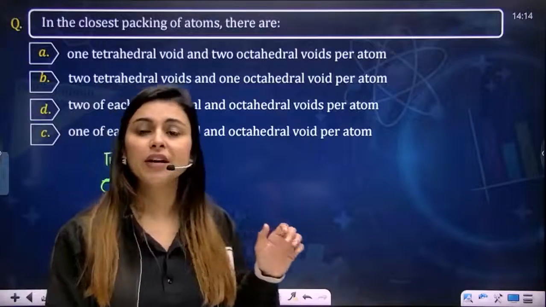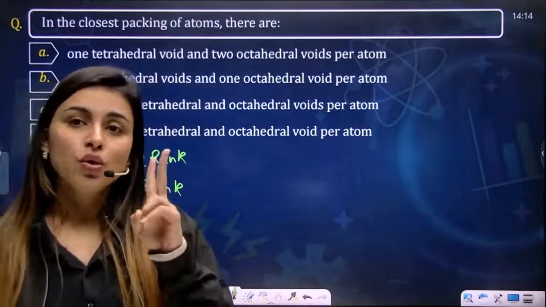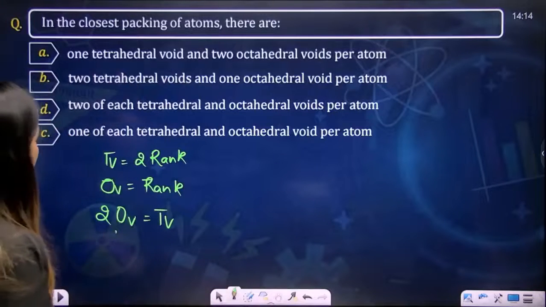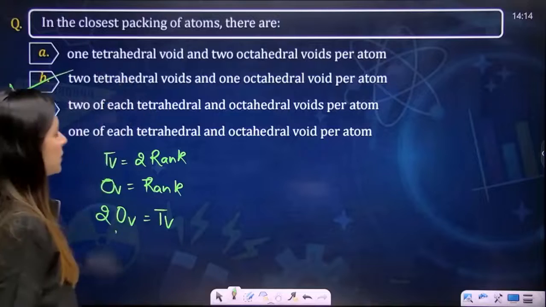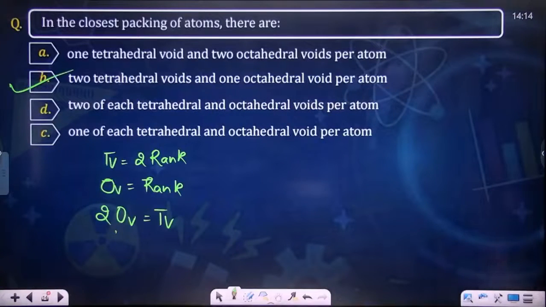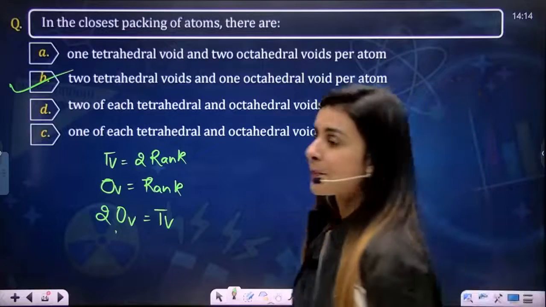Yes, for every octahedral void you will have 2 tetrahedral voids. So for 2 tetrahedral voids and 1 octahedral void per atom, option B will be your correct answer. I hope you are clear with this. Perfect, my dear students. Please write it down and then we'll move forward.